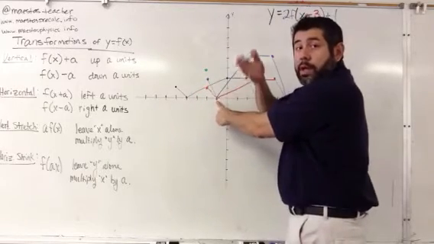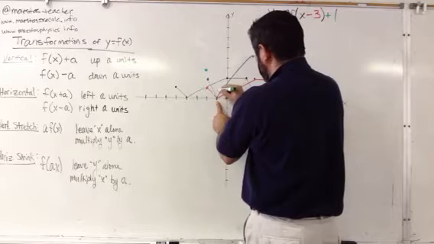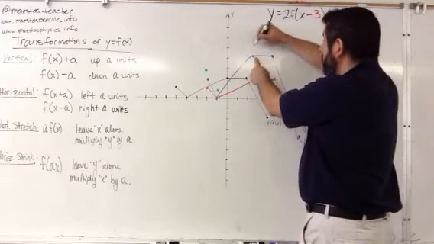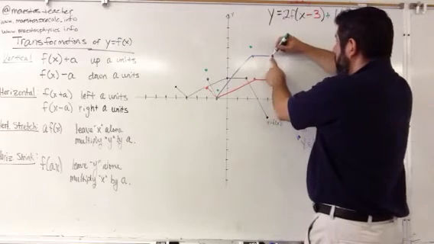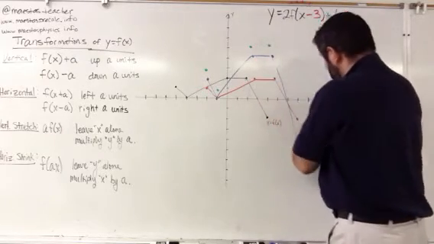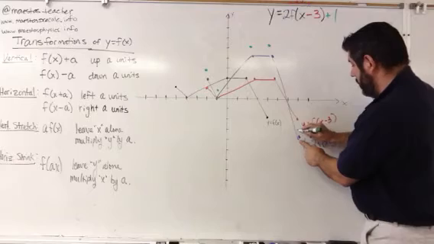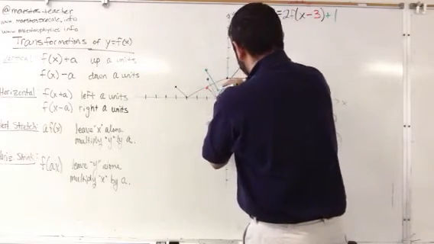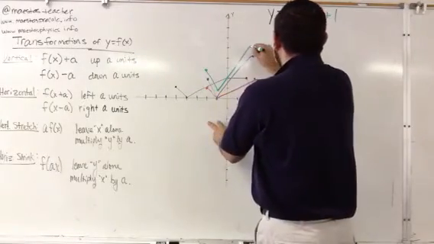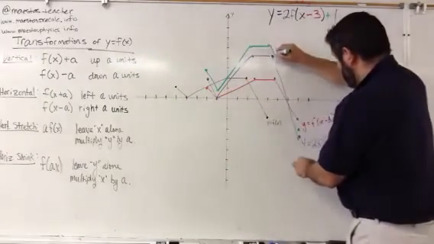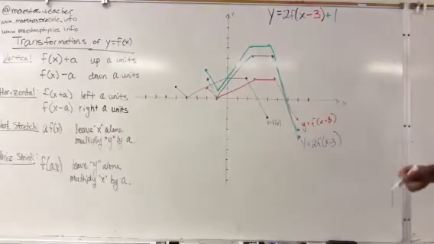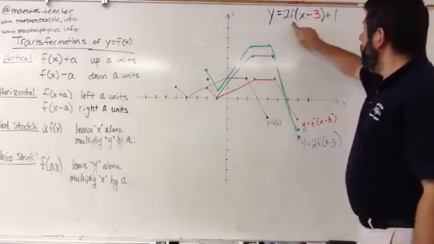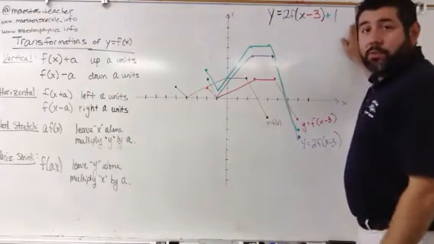This one we're going to move up 1 unit, so it's going to be here. This point we're going to move up 1 unit, here, up 1 unit. And this one, up 1 unit to negative 3. And then we're going to connect it. And that is going to be our graph of y equals 2 f of x minus 3 plus 1.